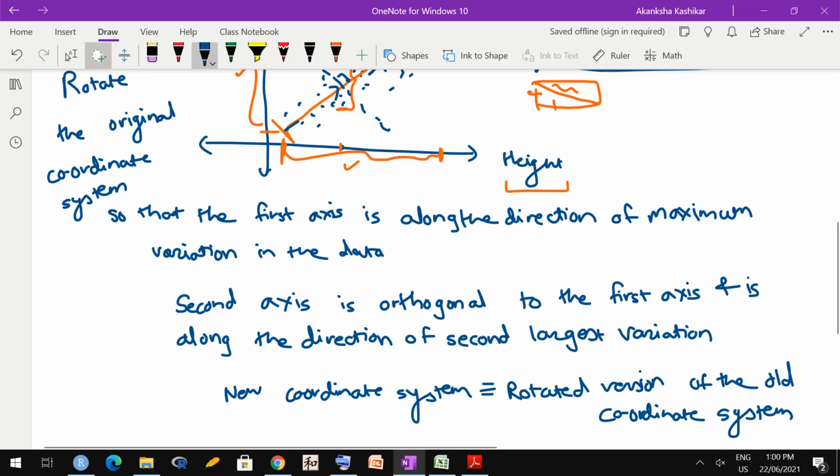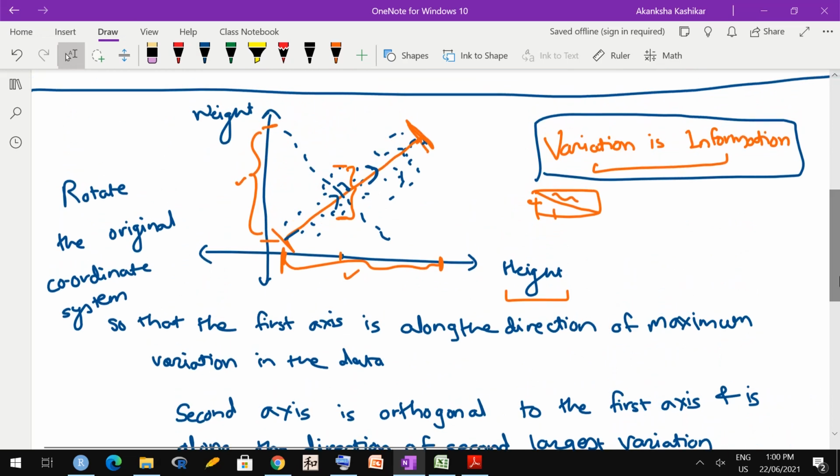And what is the relationship between new and old? You can again go to this bivariate graph. We said that this orange line is the one along which you'll have the first principal component. And you know this is basically some straight line which is formed by taking x and y into consideration. Correct.